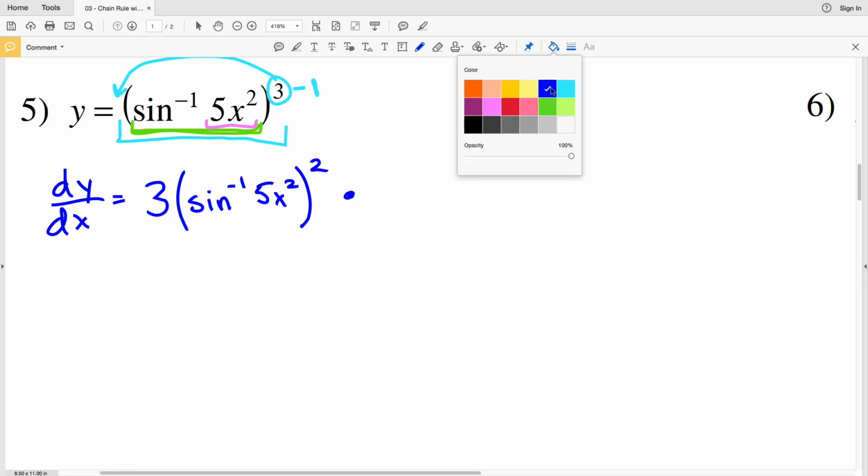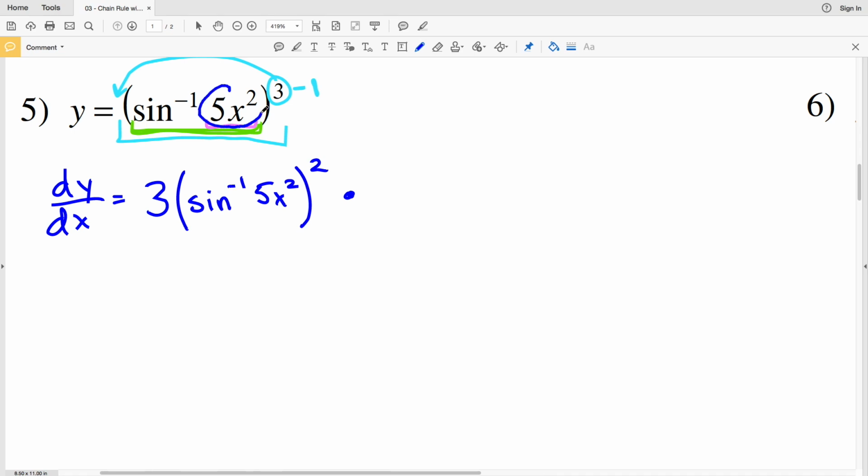So the derivative of the inverse sine is going to be 1 over the square root of 1 minus u squared. So in this case, our u is 5x squared. So we're going to have 1 over the square root of 1 minus u squared, which is 5x squared squared. And then lastly, we're going to multiply by the derivative of that innermost function, 5x squared.